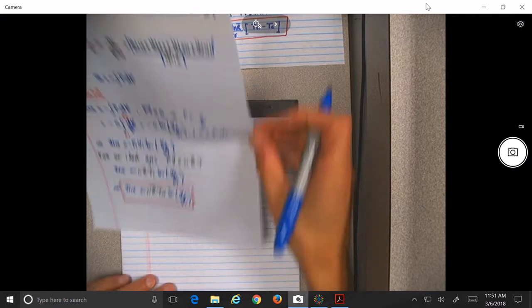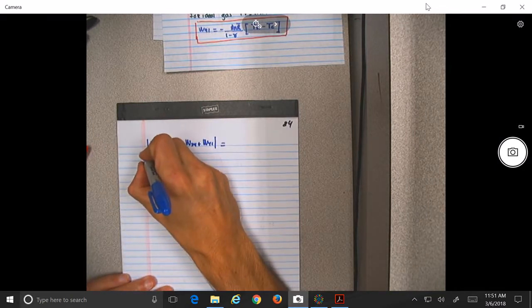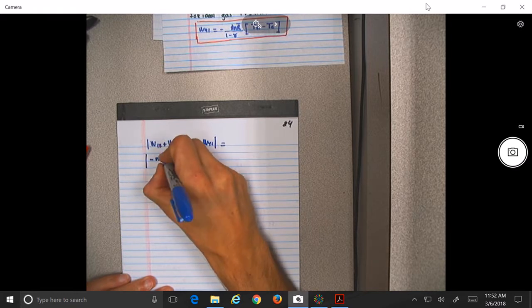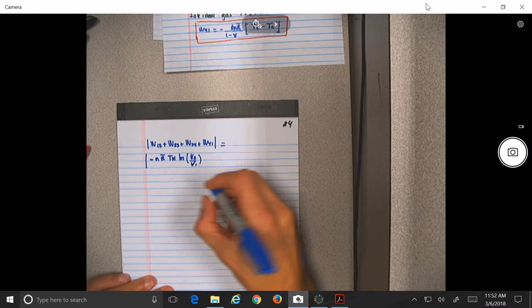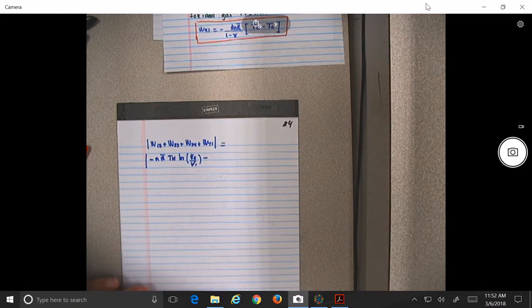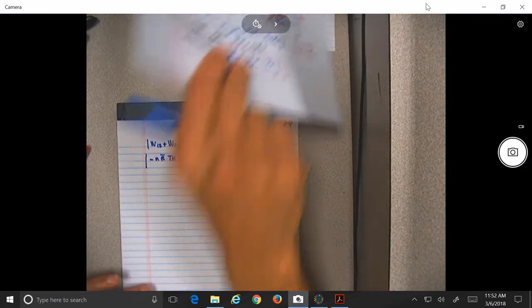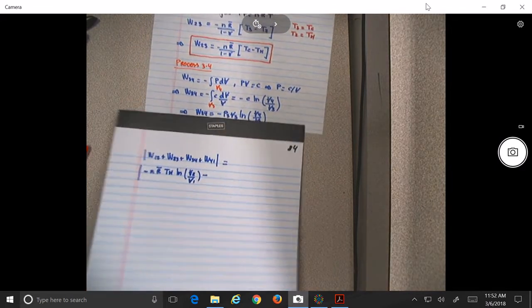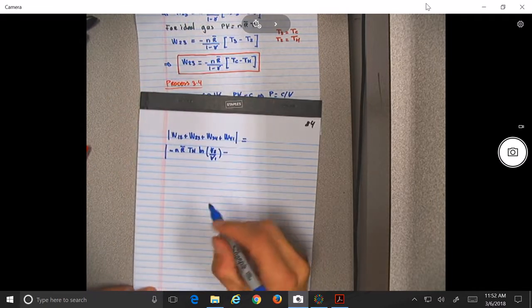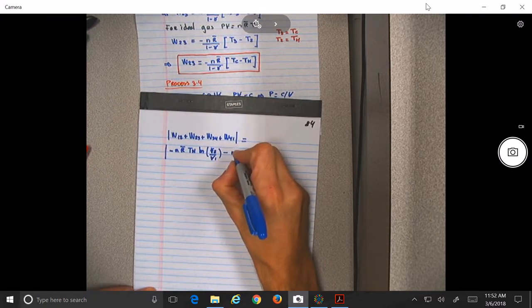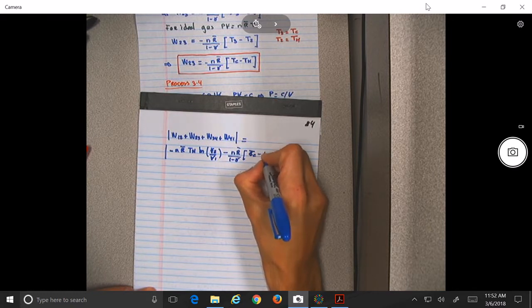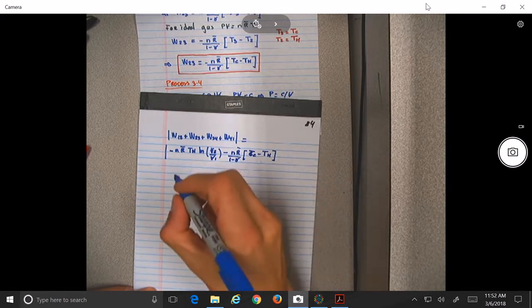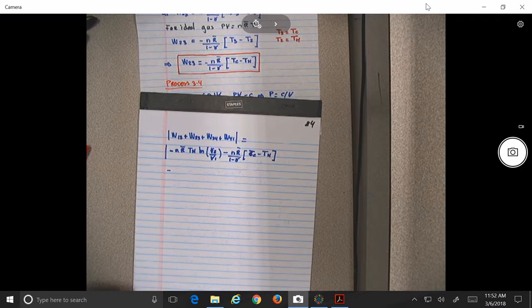Let me go back to work 1-2. It is equal to minus N R T hot log V2 over V1, minus, what is work 2-3? Work 2-3 is over here: minus N R over 1 minus gamma, T cold minus T hot, minus, what is work 3-4?